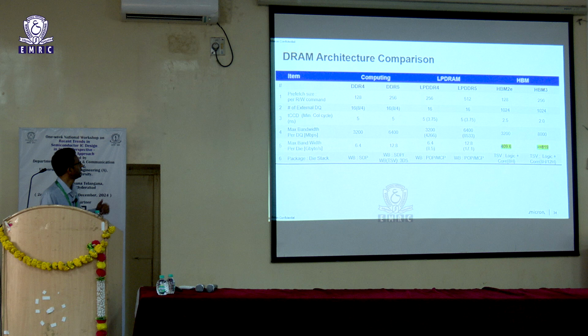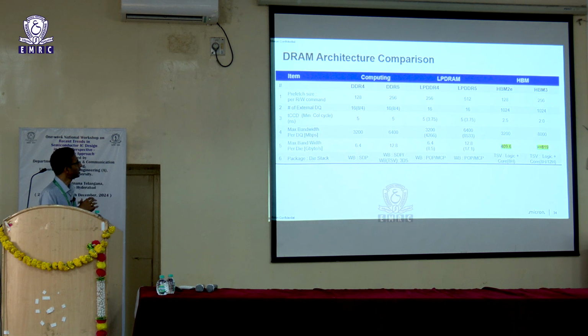So if you look at it, we talked about the prefetch earlier. So prefetch for every command, RW is the read write command. For every command that you give, a read or a write, in DDR4 and DDR5 we fetch about 128 bits or 256 bits as is the architecture, and that's predominantly true for LPDRAM and HBM DRAM to some extent.